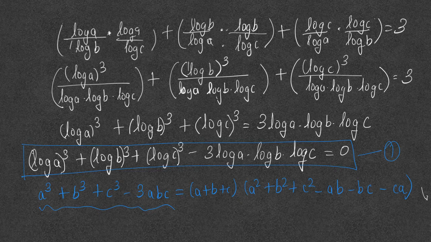If this is equal to 0, then either a plus b plus c is equal to 0, or this other factor is equal to 0.